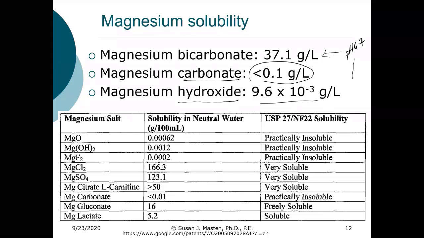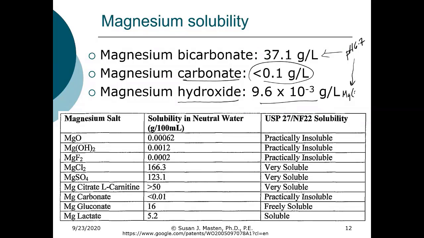But if we can raise the pH to where we form magnesium hydroxide precipitate, the solubility drops to about 10 to the minus 2 grams per liter.